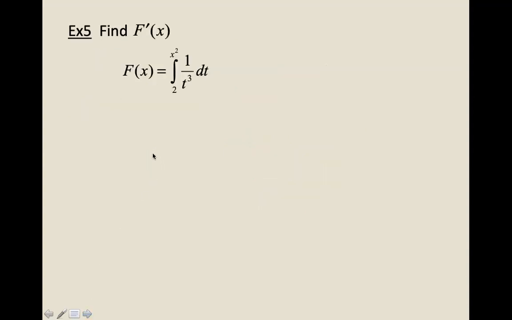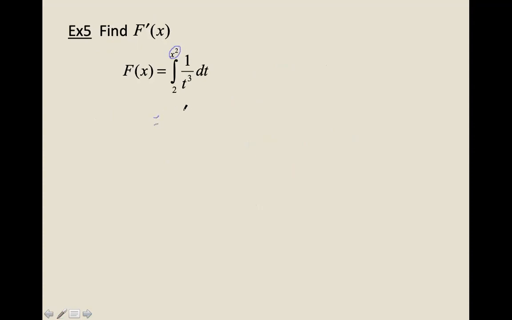All right, so we have one of those here. This is another example of the second fundamental theorem of calculus. This is asking us to find f prime. So remember, if I take the derivative of this, I can plug this in everywhere I see my t, but then I have to use the chain rule.